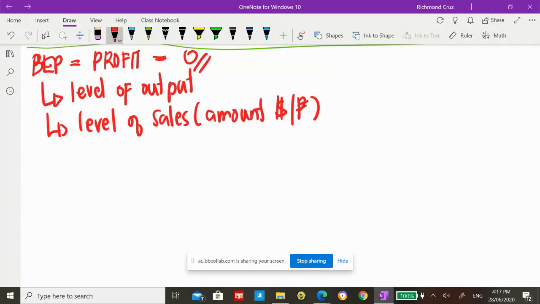That is the number of units or amount of sales at which our profit will be 0. In other words, the contribution margin will be equal to our fixed cost so that profit is zero.